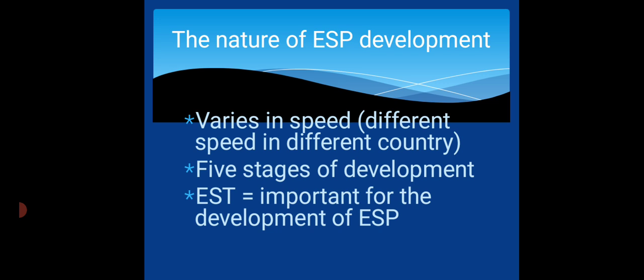Because science and technology keeps developing, and the advancement of technology will always influence the development of the other aspects of life, including how we learn, what we learn, both in foreign languages and also in other subjects, including ESP, of course. Now we are going to have a look at the 5 stages of the development of ESP. Are you ready?